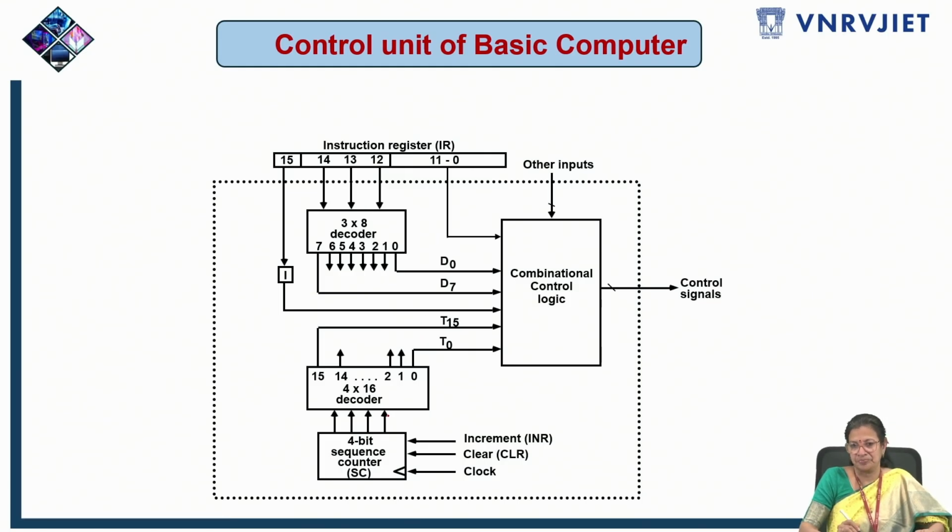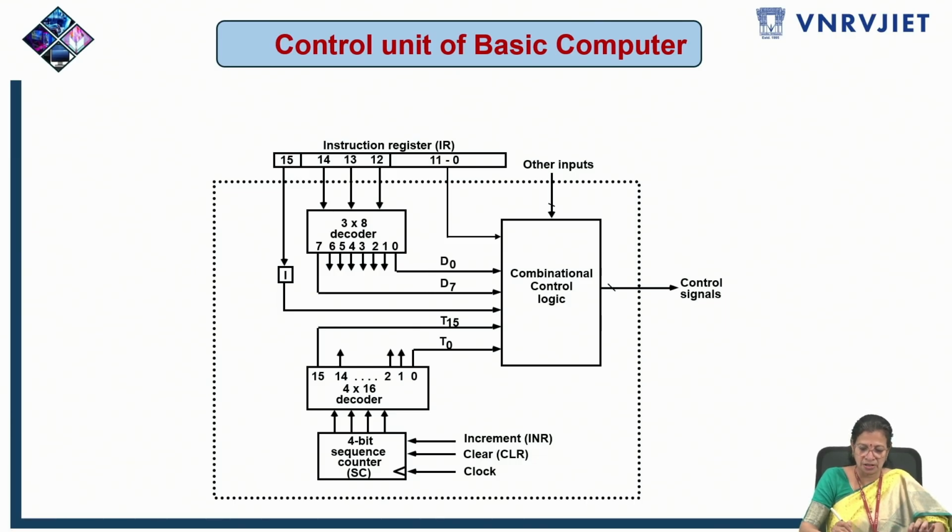I don't mean that all the instructions will take 16 clock pulses. It may take 3 clocks, 1 clock, maybe 4 or 5 clocks, not more than that for the basic computer. The entire instruction execution will take maybe 3, 4 or 5 clock pulses, only up to that.